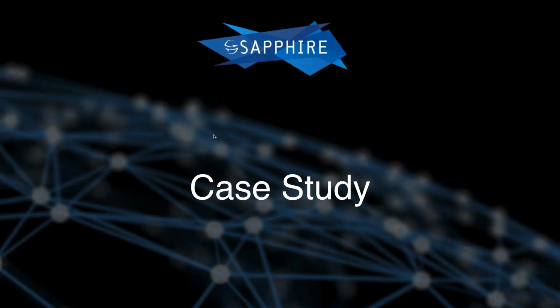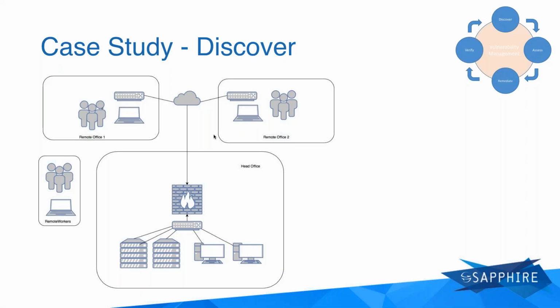So let's jump into a case study, how we at Sapphire have implemented our vulnerability management program and how we manage this moving forward that helps us with our Cyber Essentials Plus certifications. Okay, we're not untypical in our network setup.